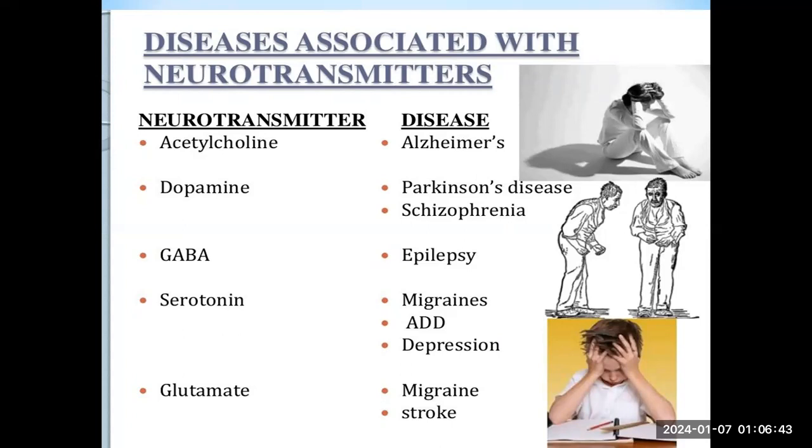Serotonin, migraines and ADD, that is attention deficit disorder, and depression. Glutamate, responsible for migraine and stroke. So you have to remember these diseases related to the neurotransmitters.